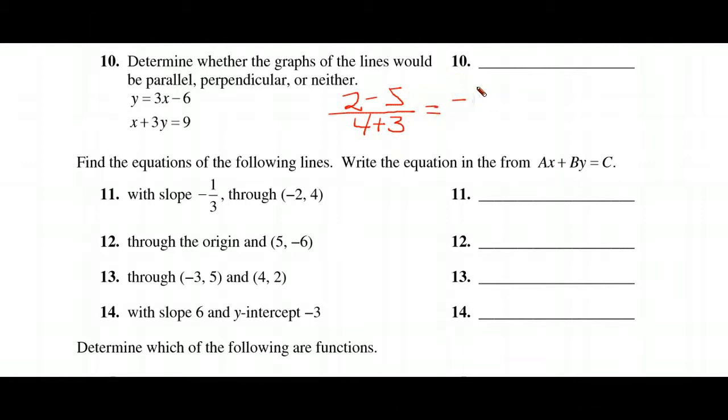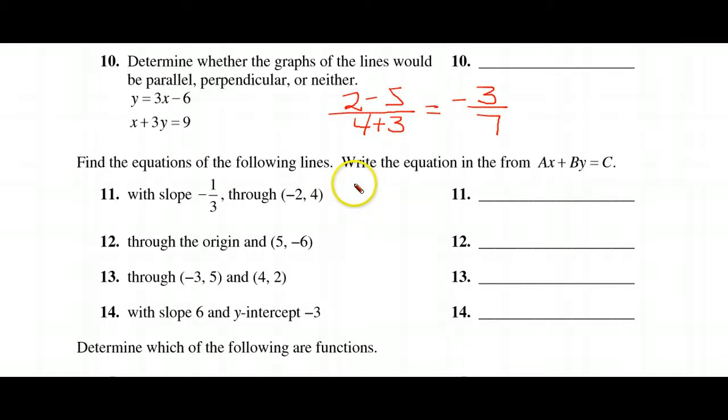This becomes a negative 3 over 7. So negative 3 over 7. Let me just check my work. 2 minus 5, 4, minus a minus 3 makes it a plus 3. Yes. Okay, so now we can use either point, and I'll use this one here.